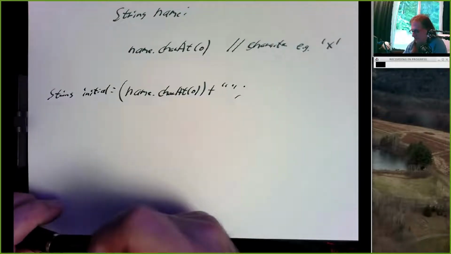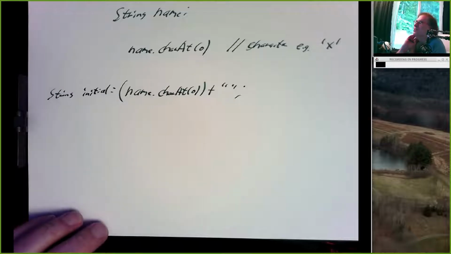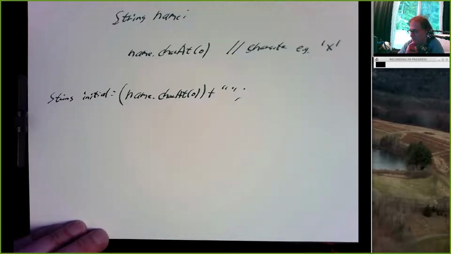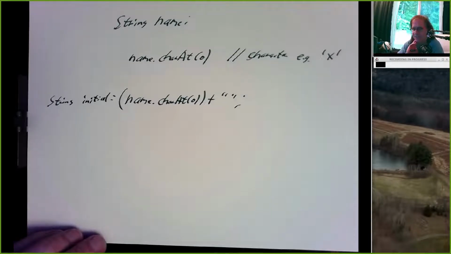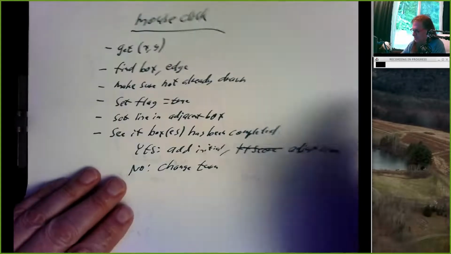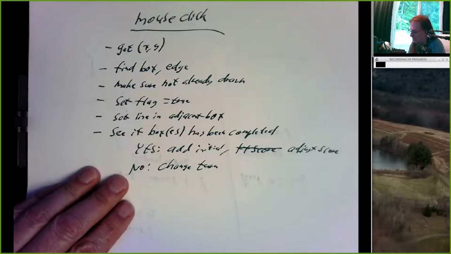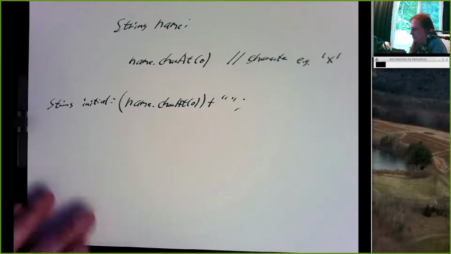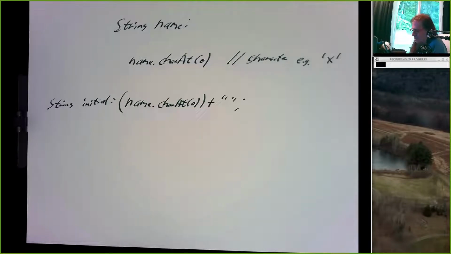And then what do you want to do with that initial? Well, you need to use it when you find a box has been claimed by someone. So after you've done the mouse click and found the edges and so on, see if the box has been completed. Inside the box class, you might have a character or a string for the initial, so you need to somehow access that.